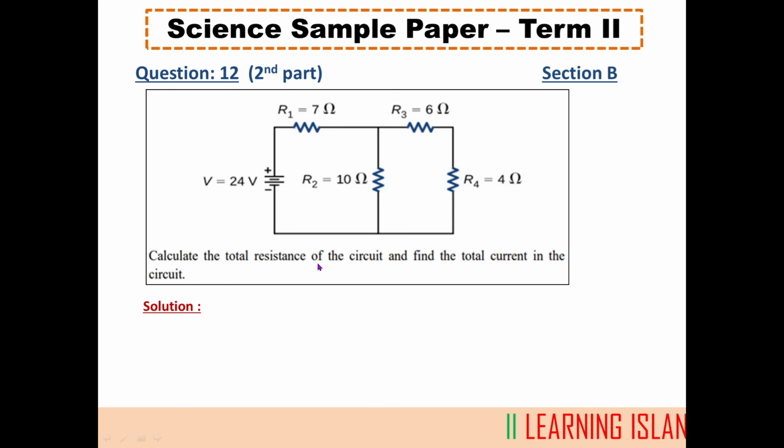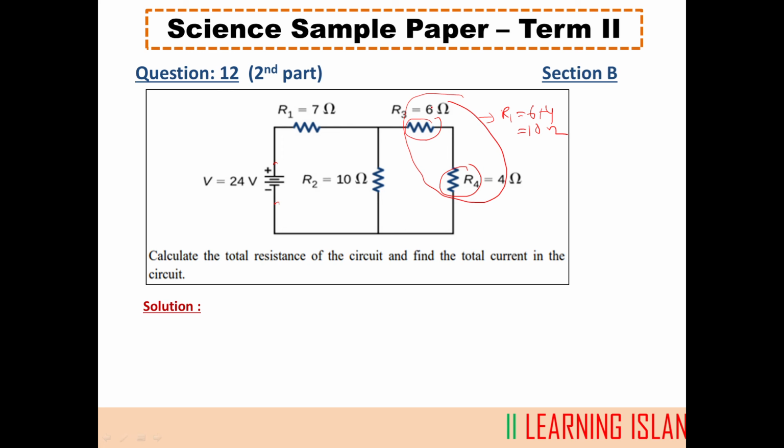Question number 12. Here, calculate the total resistance of the circuit and find the total current in the circuit. So now let us find out the total equivalent resistance first. Between these 2 points, you see these 6 ohm and 4 ohm are connected in series. So if the equivalent between these two resistances is R1, then it will be 6 plus 4 equal to 10 ohm.